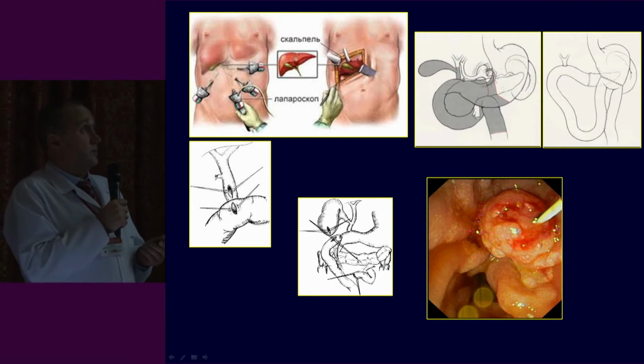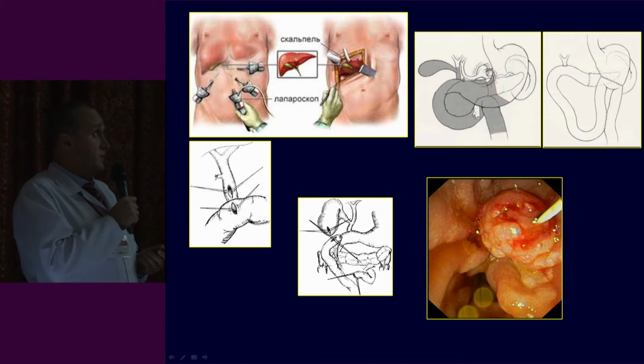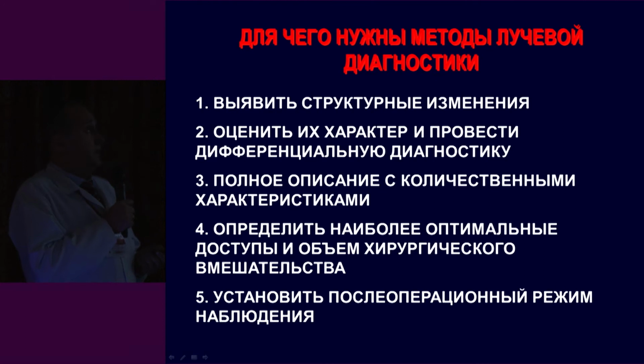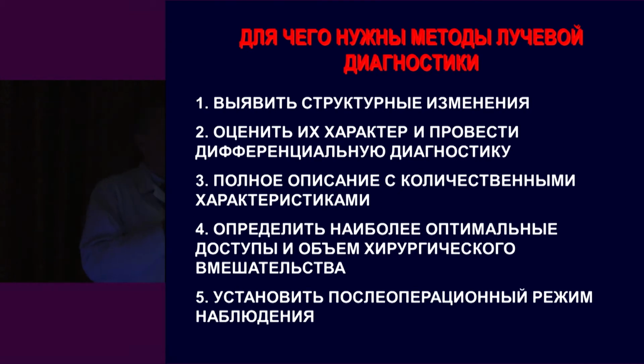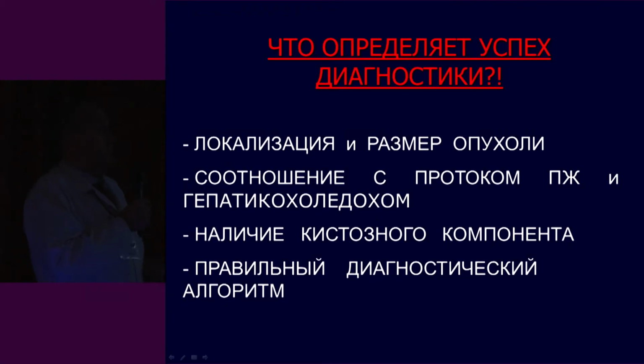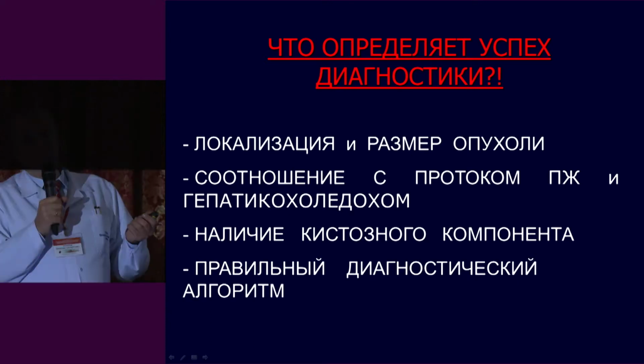We use certain surgical techniques in our setting, which allow us to do different surgeries. The methods of radiodiagnostics are needed, first of all, to see the structural lesions, also to discuss the volume of surgery and the approach, and the post-operative follow-up.